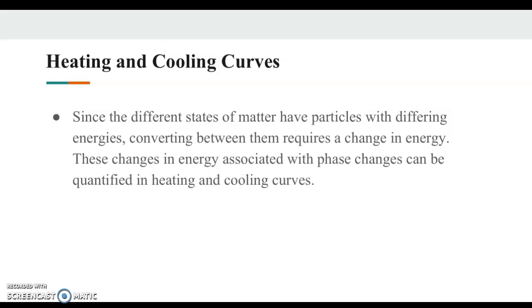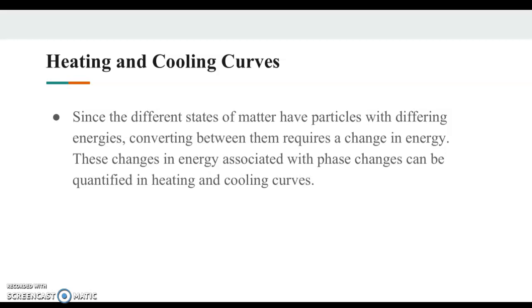And lastly, heating and cooling curves. You should be able to read a heating and cooling curve from Regents Chemistry, but I don't think you will have to draw one or interpret one for the AP.